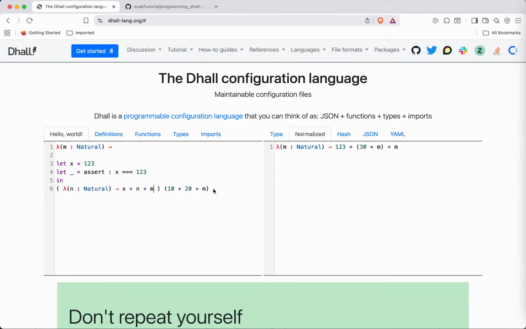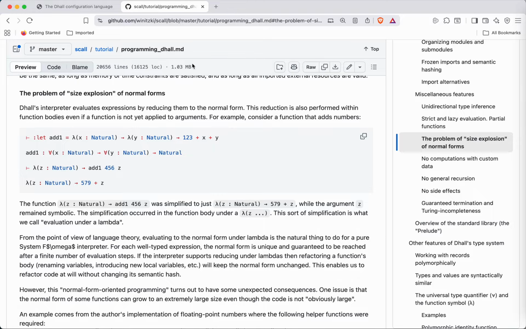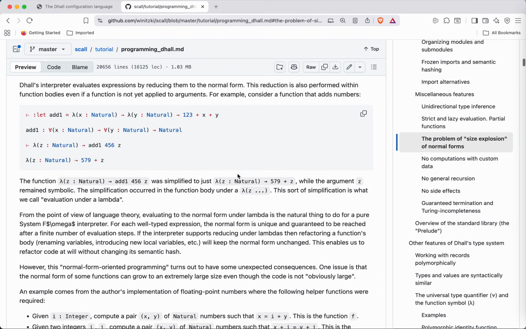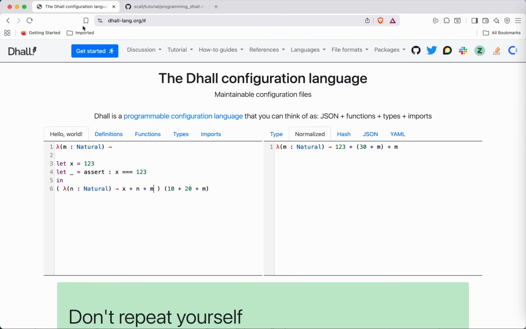The result of this, so to speak, normal form-oriented programming, where the final result is always simplified as much as possible, but not more than possible, is that you have explicit lambdas that could become quite long, especially if you're writing a library of functions that you want to use later. And Dhall allows you to do that.